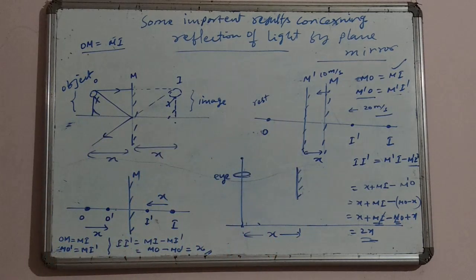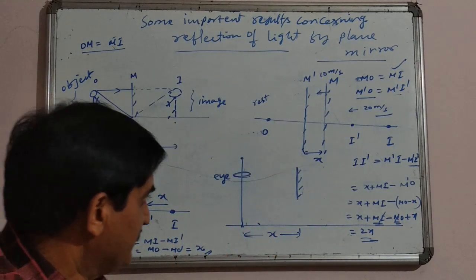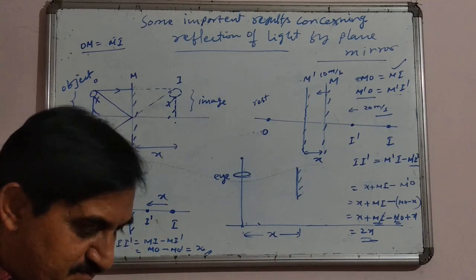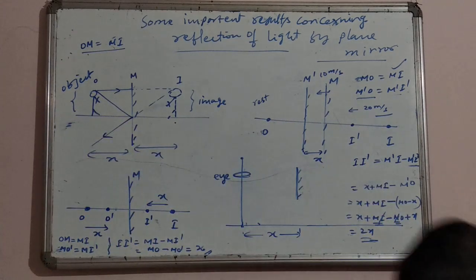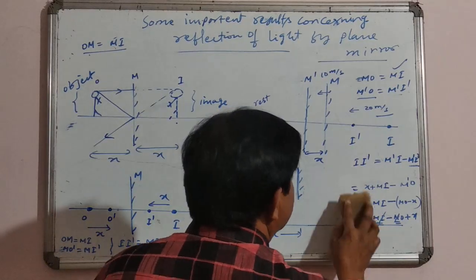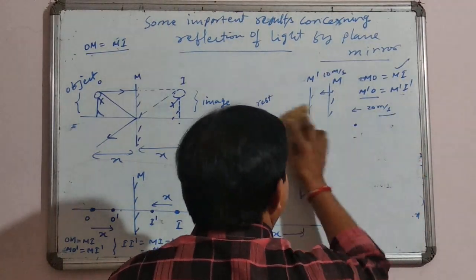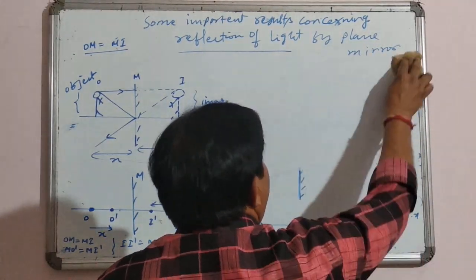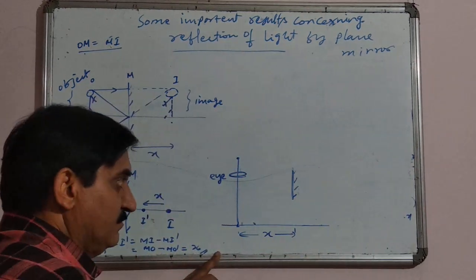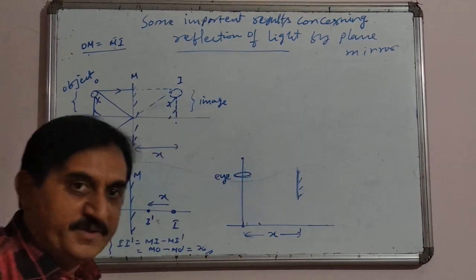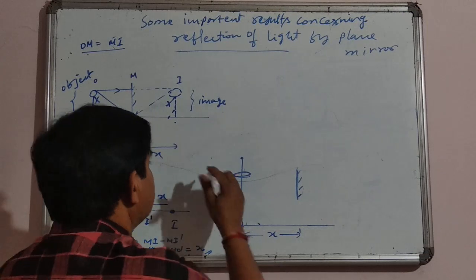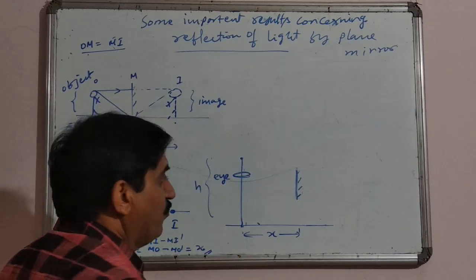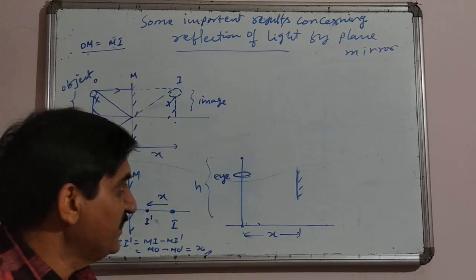So this is the next point, and let us go for another one. A person wants to see his full image. Suppose his total height is h, and he wants to see his full image in a plane mirror.